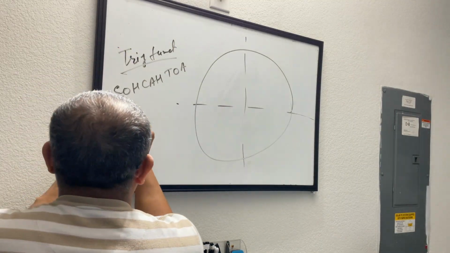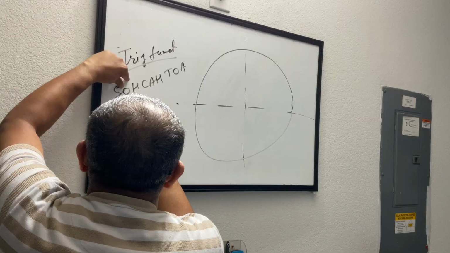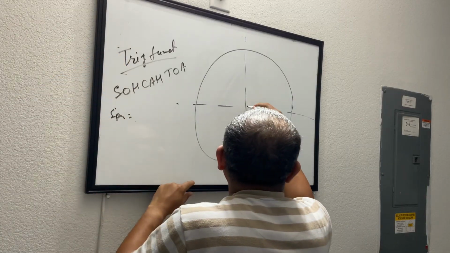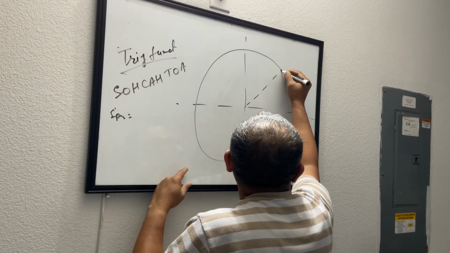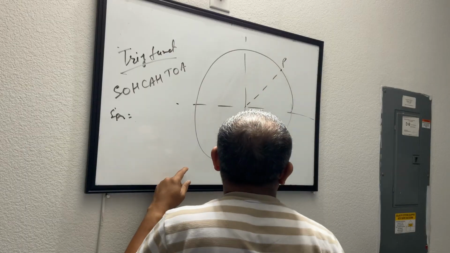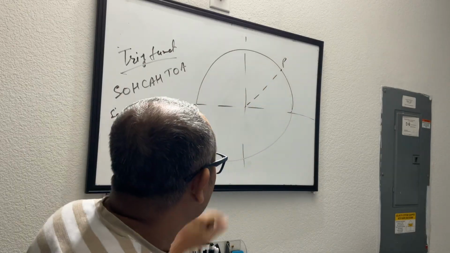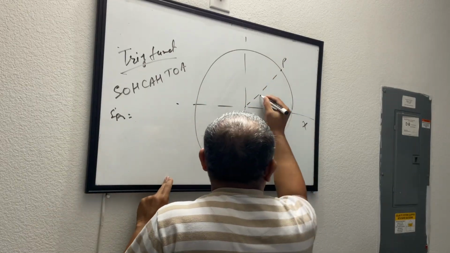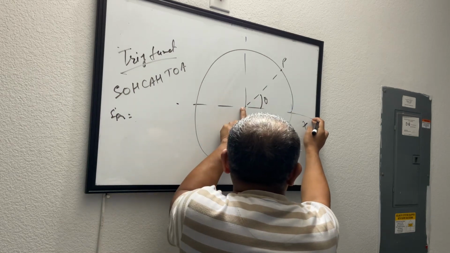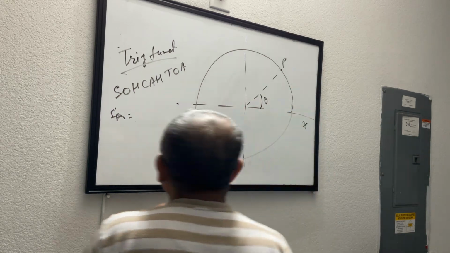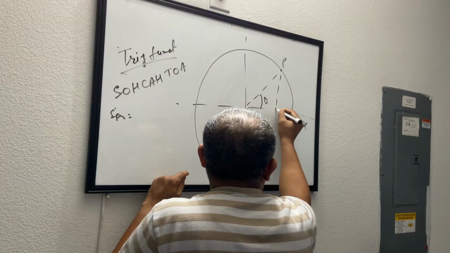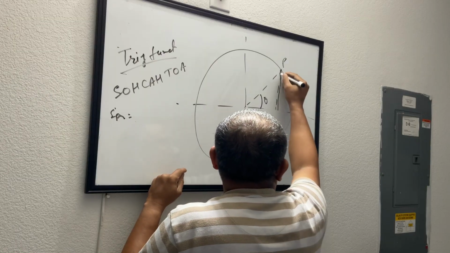So sine is nothing but opposite side. So let me try drawing it. If I pick a point P on the unit circle, that is making an angle theta with the positive x-axis, then let's visualize this as a right angle triangle first, then we'll come back to unit circle.